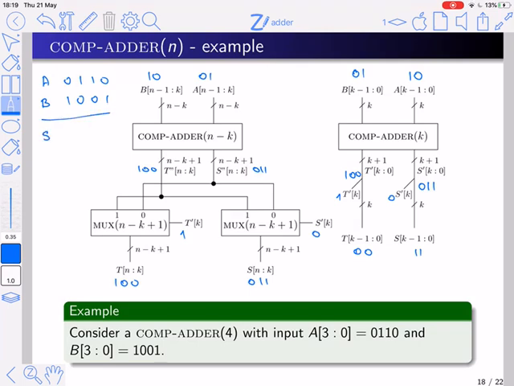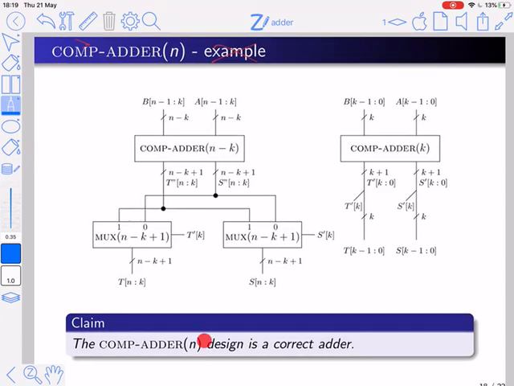Then our sum is simply 1, 1, 1, 1. You see 2 bits of 1 here, 2 bits of 1 here, and the extra bit is a 0 over here. And our T, what is going to be our T? Our T is going to be 0, 0, 0, 0, 1. So this will be 0, 0, 0, 0, 1. And you see that the design performed the compound addition correctly.